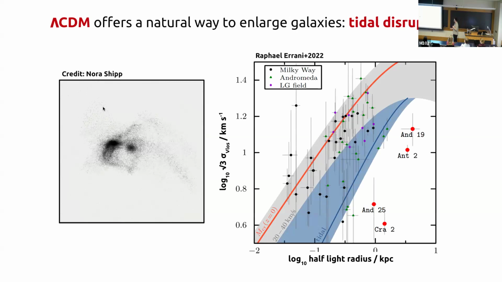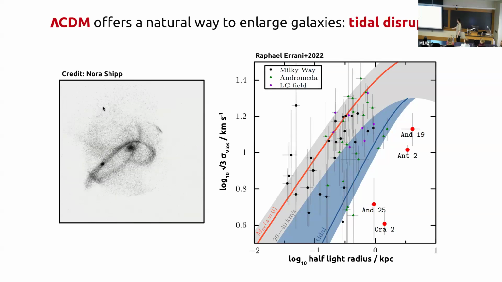This is another manifestation of the mass-size relation that I showed you on one of the first slides, because the velocity dispersion is going to have something to do with the total mass of a given galaxy, right? The higher velocity dispersion systems are just more massive.